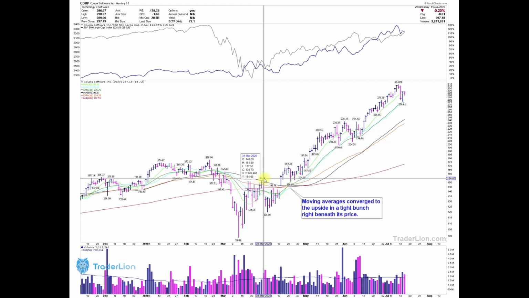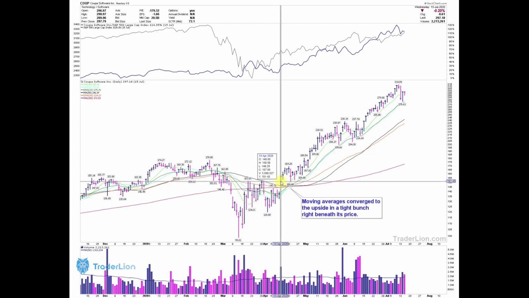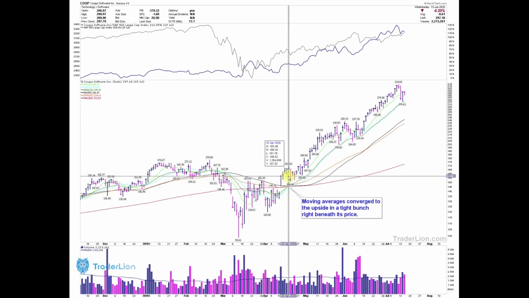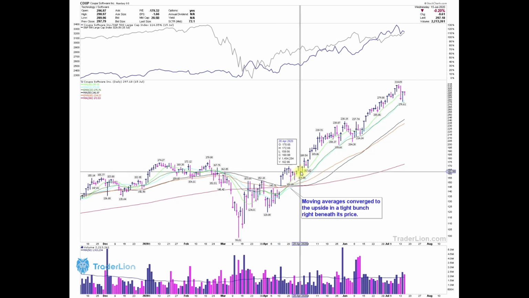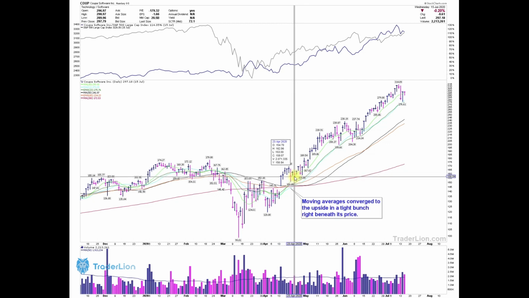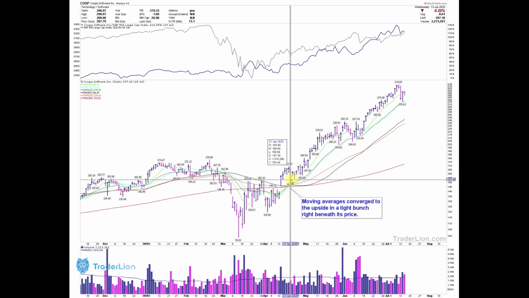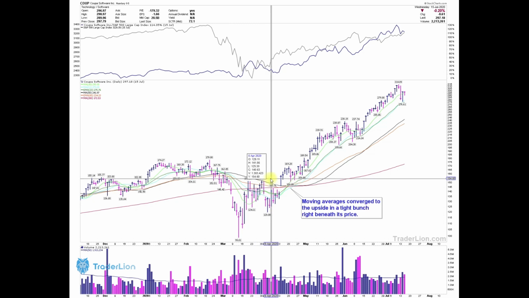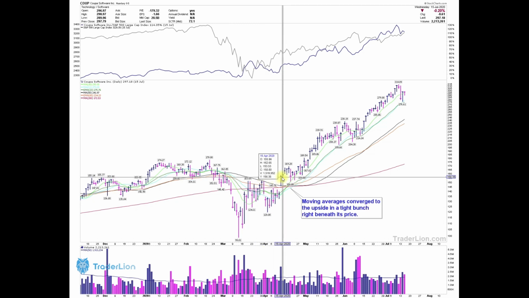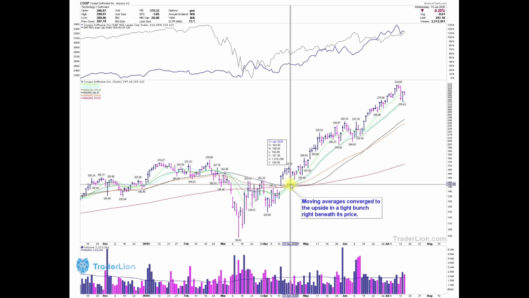You can see it respects this area after we break through it on big volume. We pull back on lighter volume, shake a little bit below the stock's 10-day moving average, which is this green line. That's a very short-term moving average. We get solid support right at that 152 area where you might have taken a shot at it if you wanted to do it early, but even here you haven't really got the clue from the moving averages until this area here.